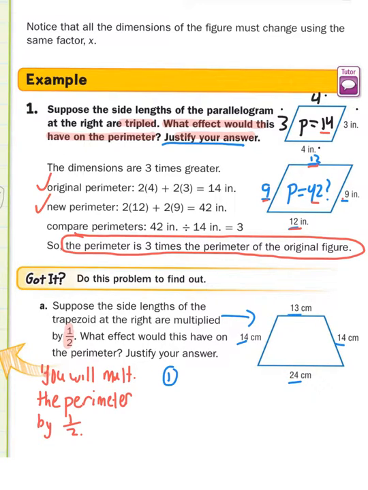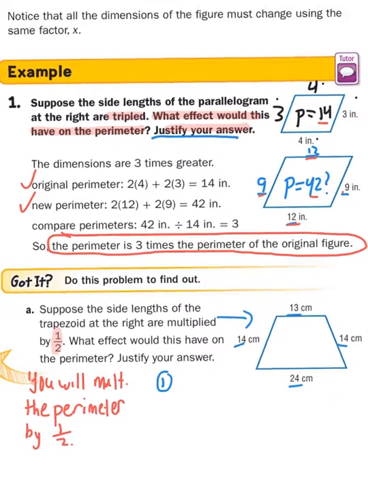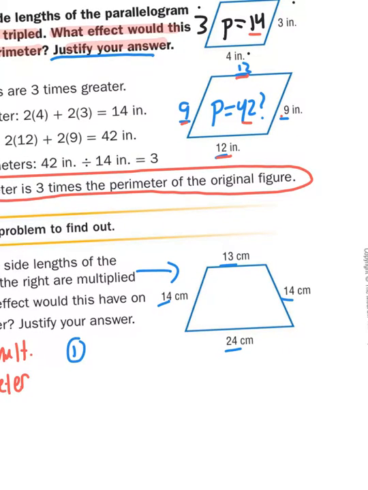So in step 1, I would just write, let me make this a little bigger, original perimeter, I might write original P equals 65.